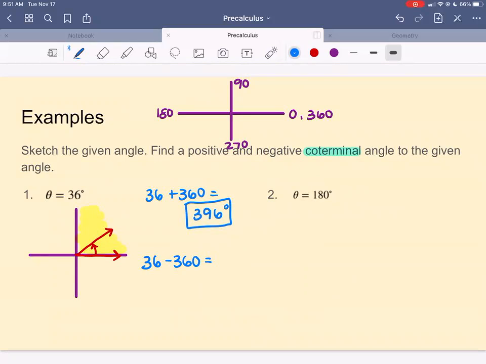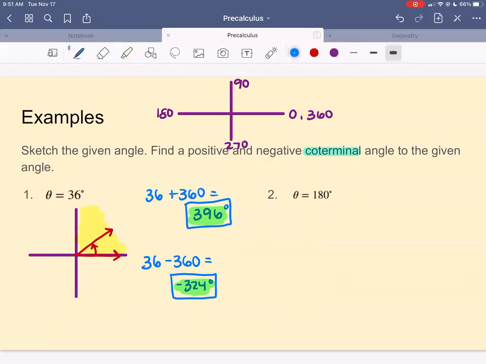So 36 minus 360 is going to be a negative 324 degrees. Remember, when you do a positive and negative coterminal angle, you want them to actually be positive and negative. Our 396 is positive, that's our positive coterminal angle. Our negative 324 is negative, that's our negative coterminal angle.